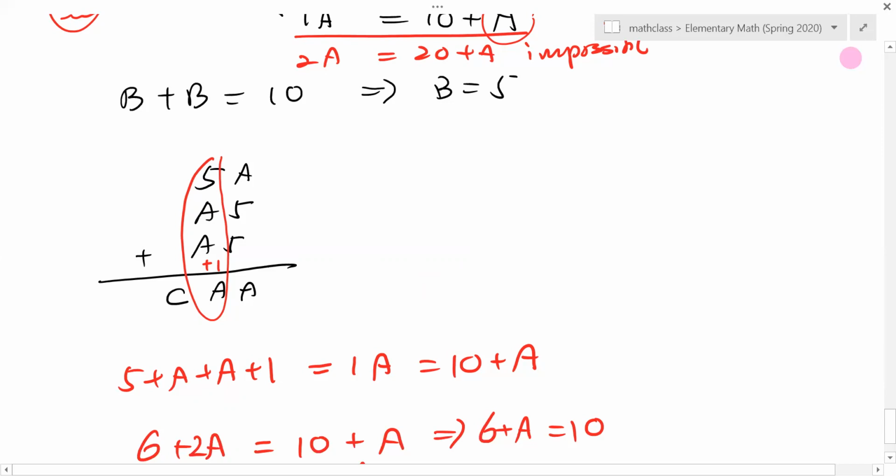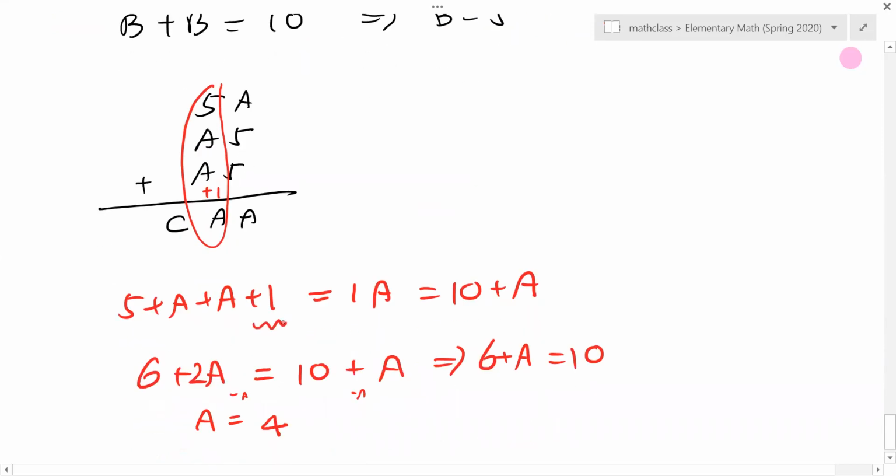Then you have to add the 1 here. Don't forget that. Otherwise you get it wrong. Then again, it's definitely greater than A, so it has to be 10 plus A. Then you solve for it.